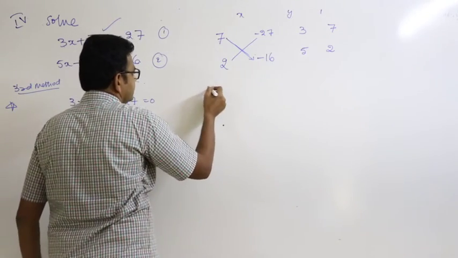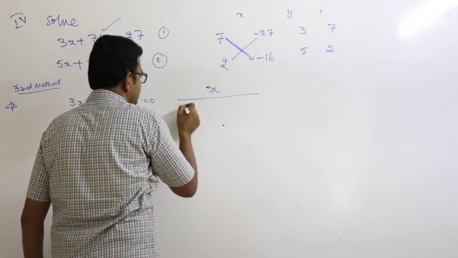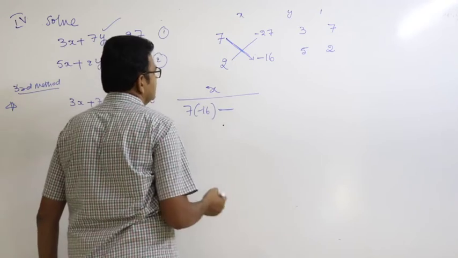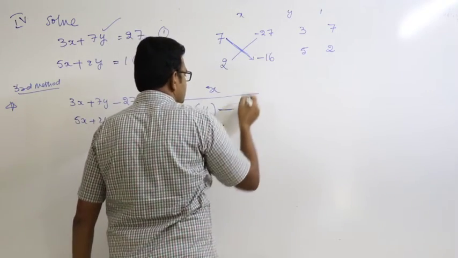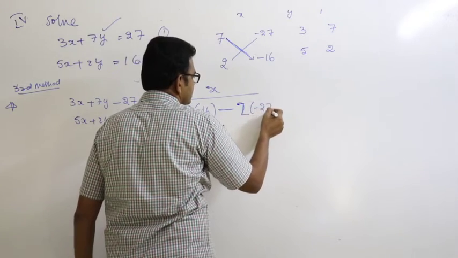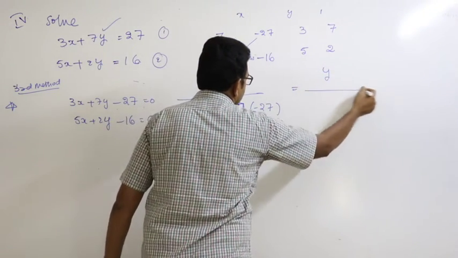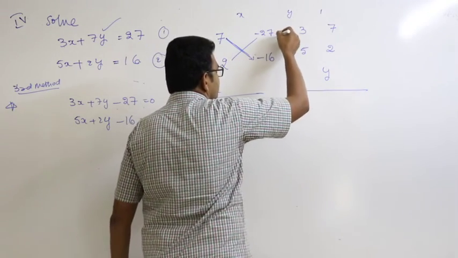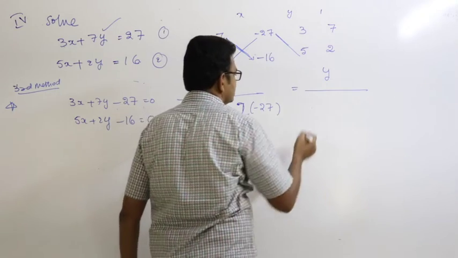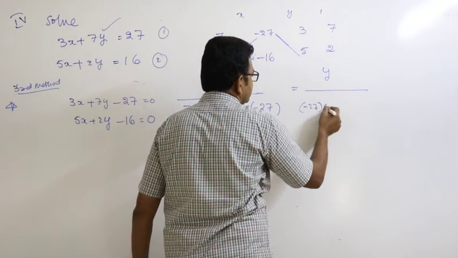X by the product of these two, that is 7 into minus 16. Always put minus, and the product of these two, that is 2 into minus 27, is equal to y by the product of this, that is minus 27 into 5.